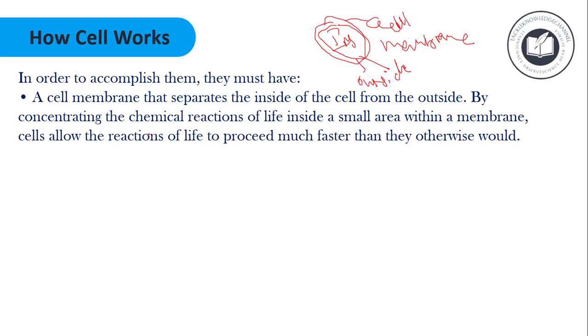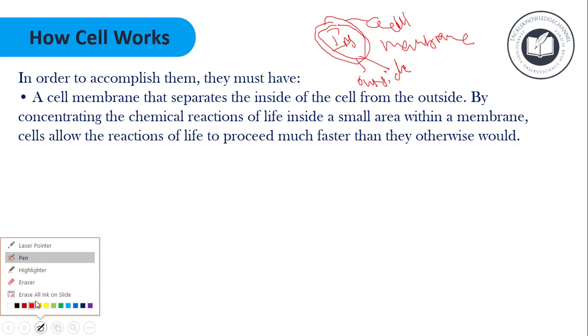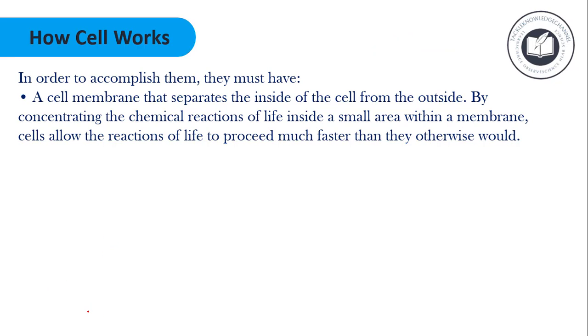By concentrating the chemical reactions of life inside a small area within a membrane, cells allow the reactions of life to proceed much faster than they otherwise would. As we know, the chemical reactions are occurring inside the cell in a small area for life purposes.